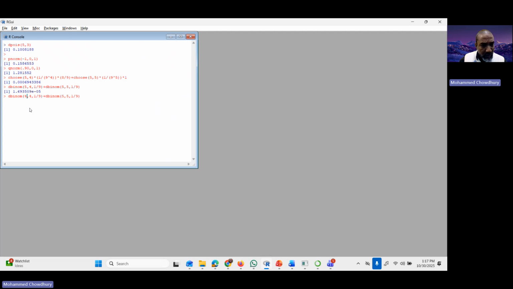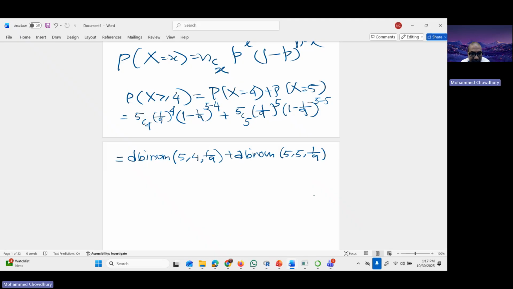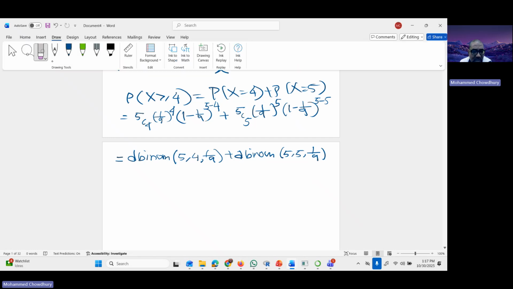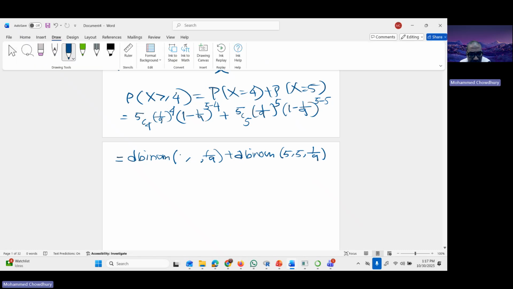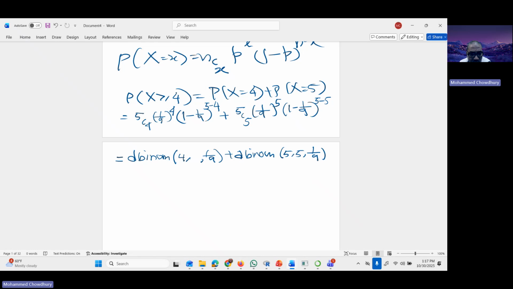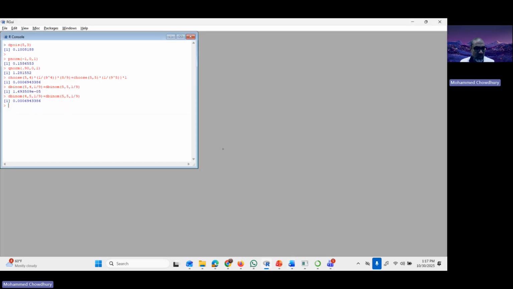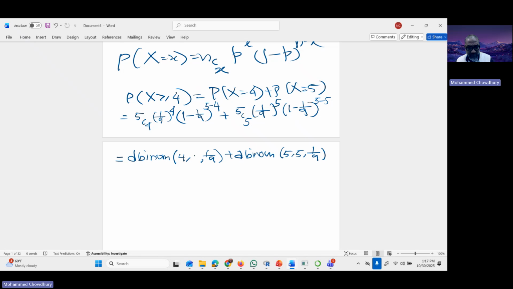Maybe I write it the other way. Let me erase these things and rewrite. This should be the other way. It is coming as 4. Yeah, 4 comma 5, 4 comma 5.